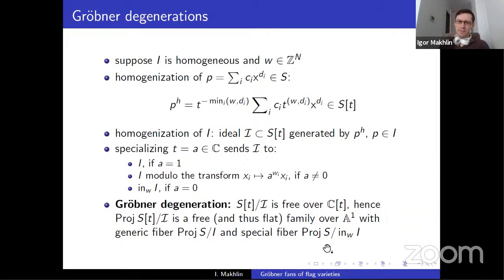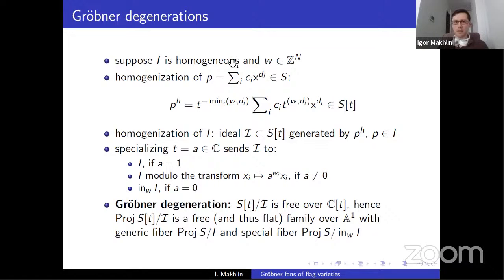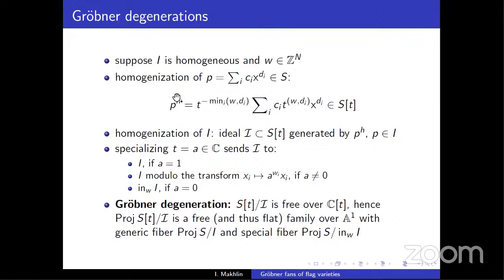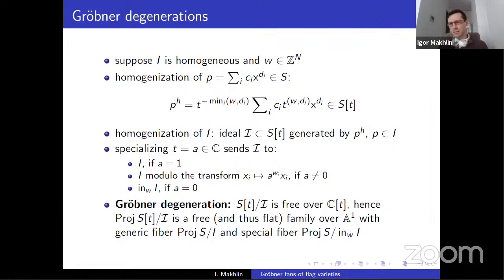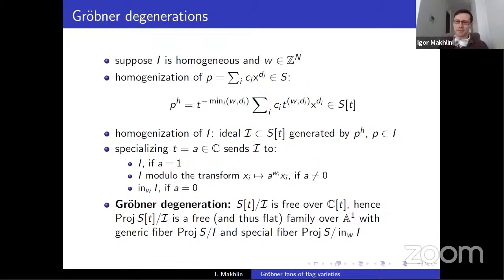Excuse me. Sure. Do we assume that I is homogeneous? Yes, here at the very beginning. Okay. Otherwise, Proj is not defined. Of course, yes, but algebraically, you can say that.